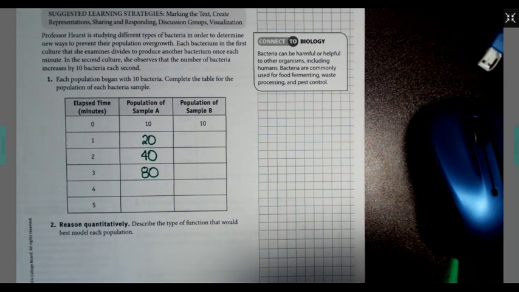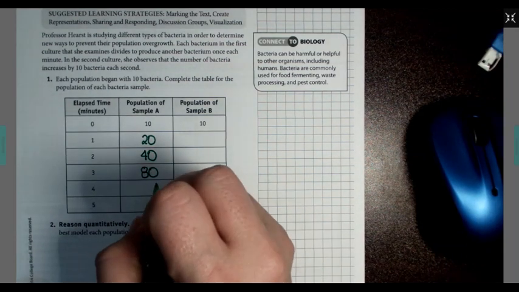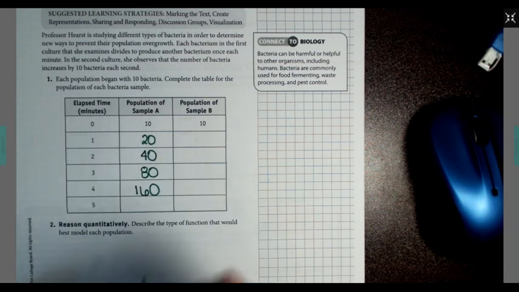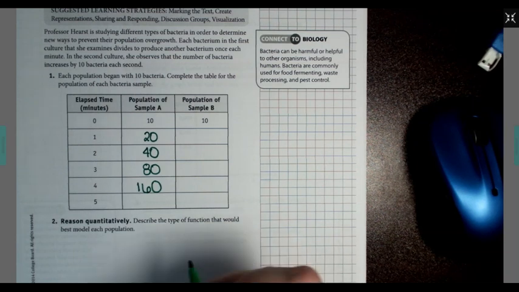After 4 minutes time, how much bacteria should we have? 160. And after 5 minutes time, we do indeed have 320.